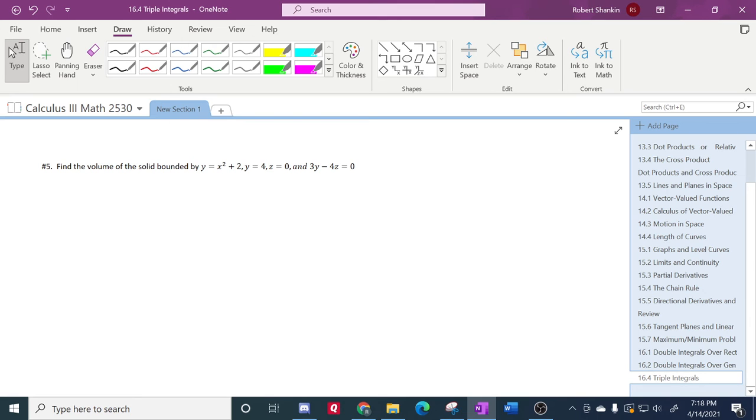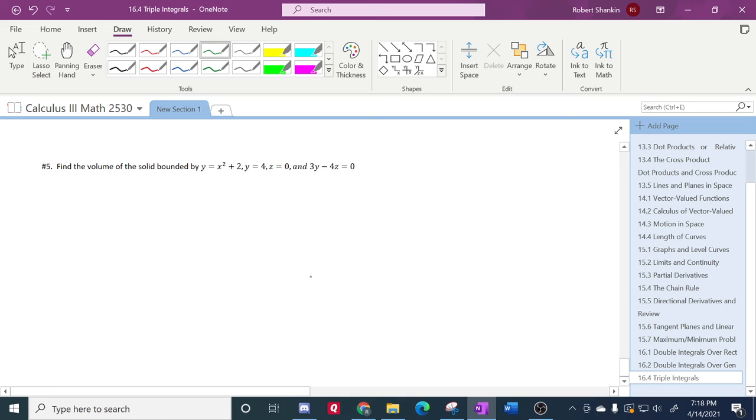all of these. Now these are all surfaces. y equals 4 is a plane, z equals 0 is a plane, 3y minus 4z is a plane. This one is y equals x squared plus 2.